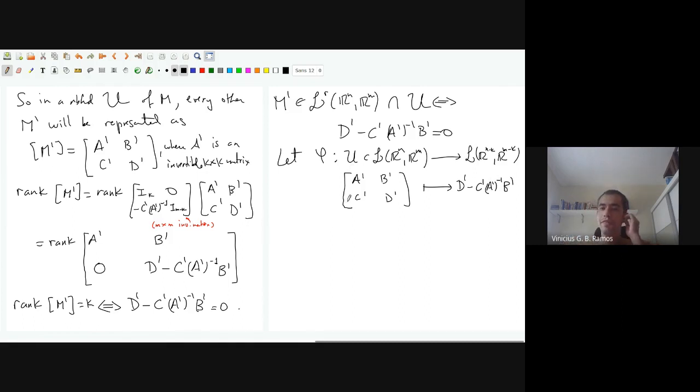Of course, for this to be defined, you have to be in a sufficiently small neighborhood of M, so that this A prime is still invertible in the basis that you chose.